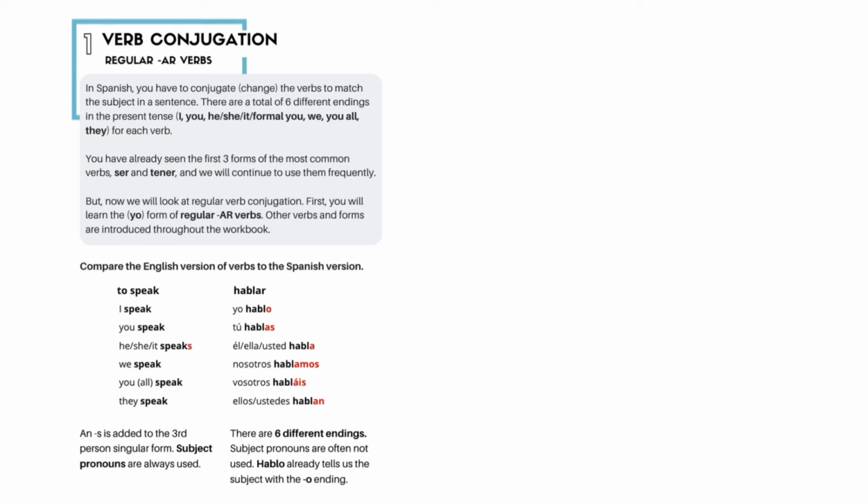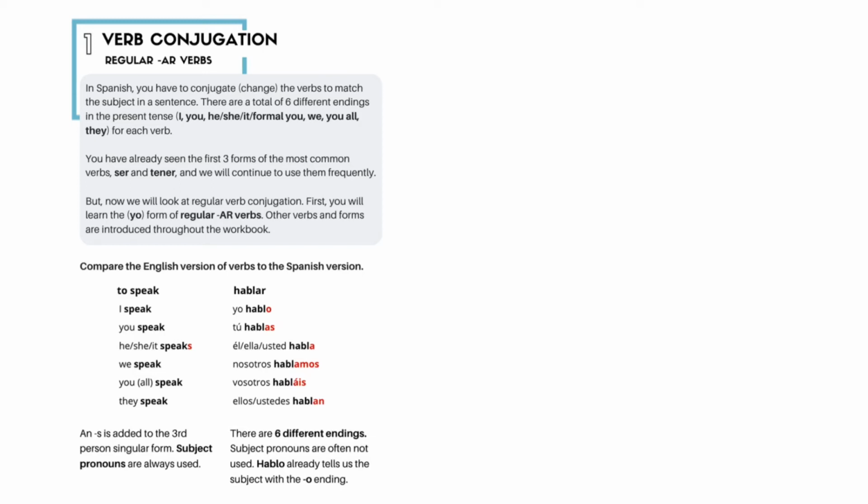So if you look at it this way, we're really only going to see 50% of the verb conjugation at the beginning. And in this chapter, at the very beginning, we're only going to see one ending, the O ending.